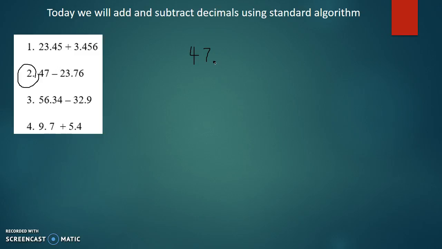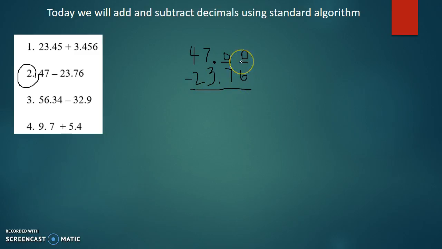So my decimal point is going to be here. Minus 23 and 76 hundredths. So I need to have 2 placeholders before I start subtracting. My placeholders are zeros, which show the equivalency of my whole number.